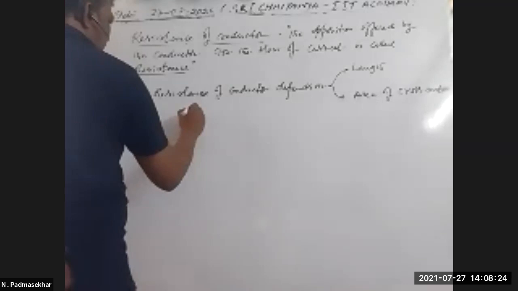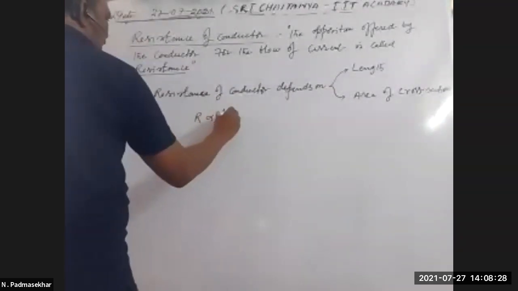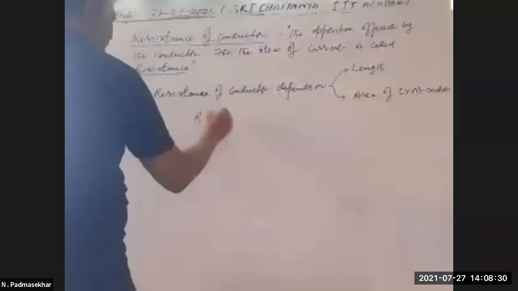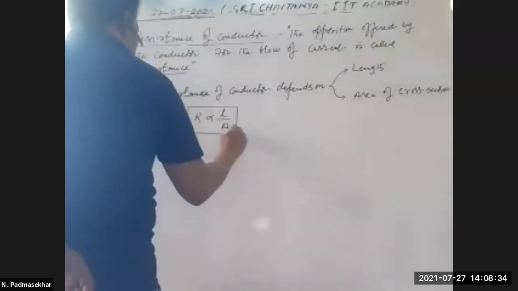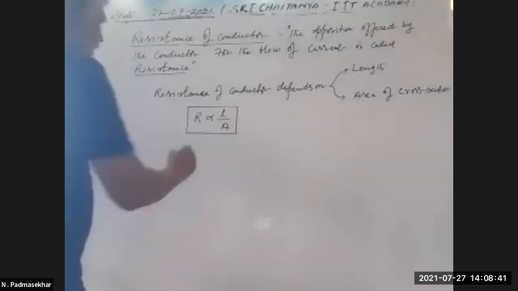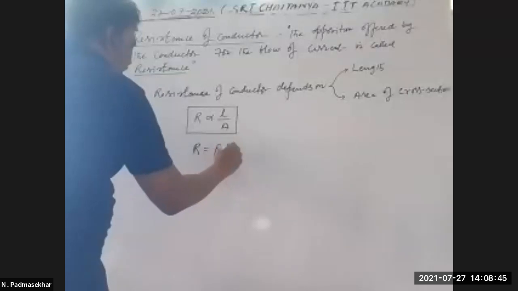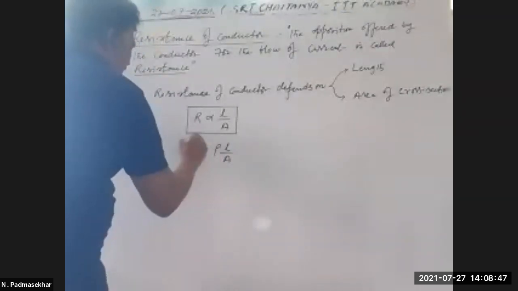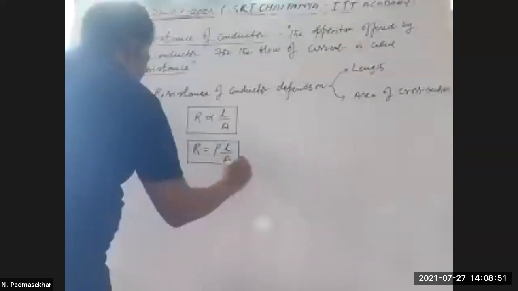So this resistance ఎలా డిపెండ్ అవుతుంది అంటే, resistance is directly proportional to length and inversely proportional to area of the cross section, or is directly proportional to L and inversely proportional to A. That is, R is equal to some constant rho L by A. This is the resistance. R is equal to rho L by A.